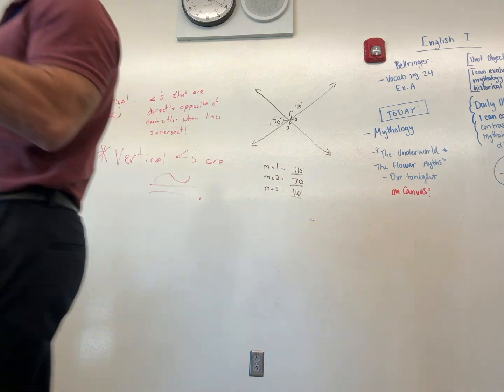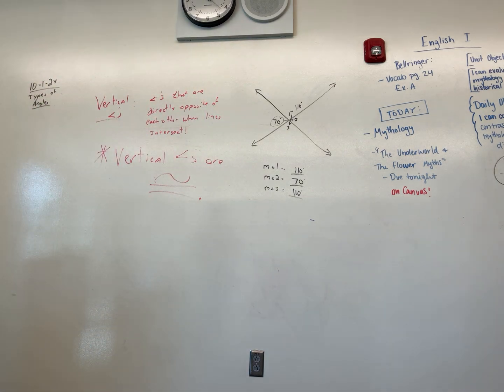Next page, it says number 1 at the bottom. It says complementary, supplementary, and vertical angles practice part 1. Does everybody see that? Yeah. Circle the odds. Next page, number 2, just do 13 and 15. Next page, 18 and 20.